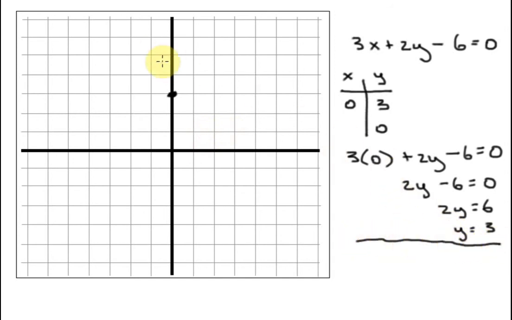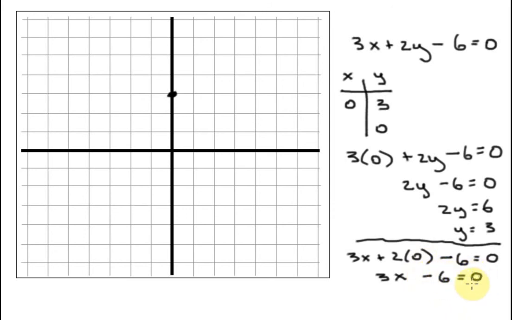So we figured out the y-intercept. Now I'm going to figure out the x-intercept by putting 0 in for the y. So that's going to give me 3 times x plus 2 times 0 minus 6 equals 0. So that's 3x, and this is now gone because it's 0 minus 6 equals 0.